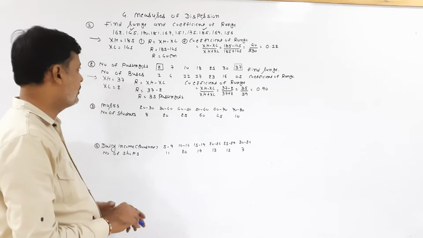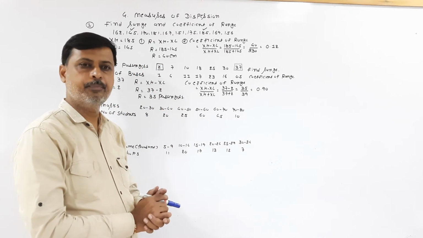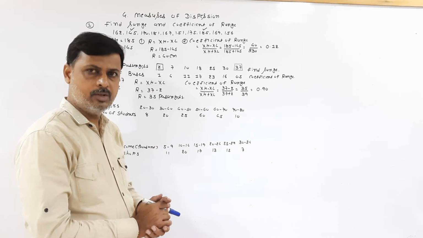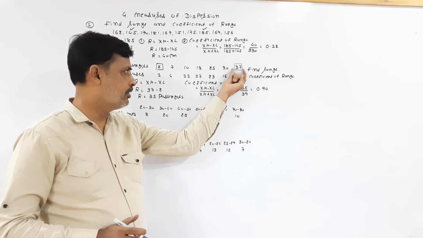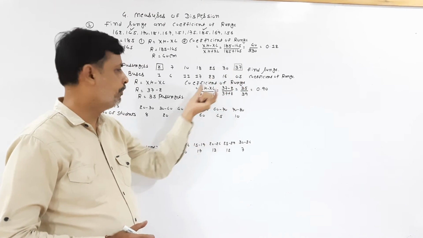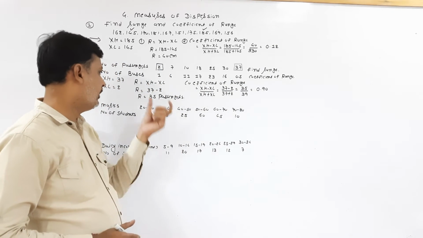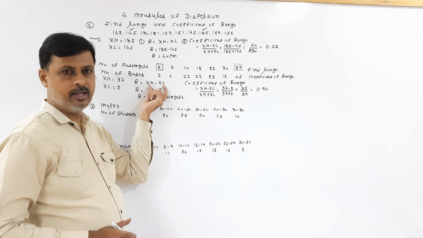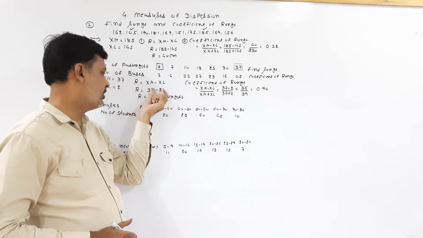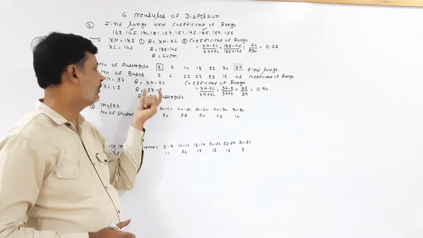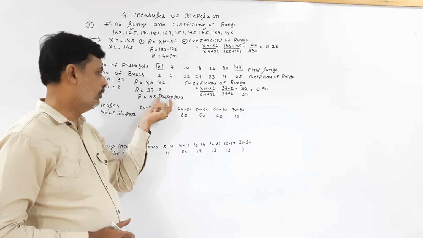So number of passengers, that is our observation. And from this observation, highest observation was 37 and lowest observation, that is 2. R is equal to XH minus XL. 37 minus 2 means 35, and this is passengers.